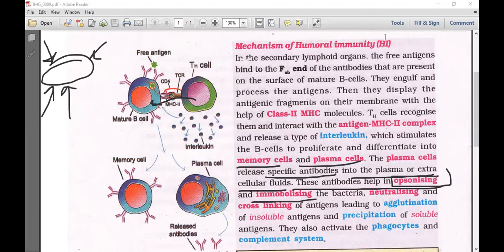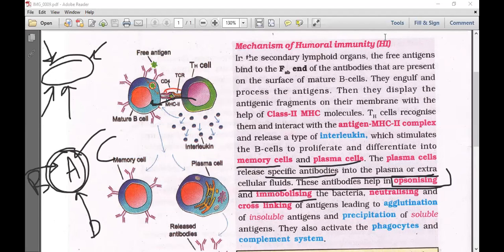So if you want to hit a person A, B and C will come and catch this person, and you are D, you can hit him clearly. I'm not promoting any kind of violent action, it's just an example. If you want to beat A, we take the help of B and C. B and C catch him on the right and left side, and you are D, you can hit him directly.